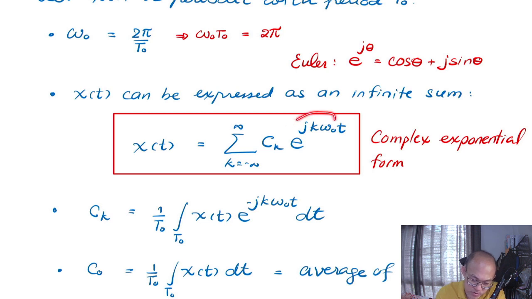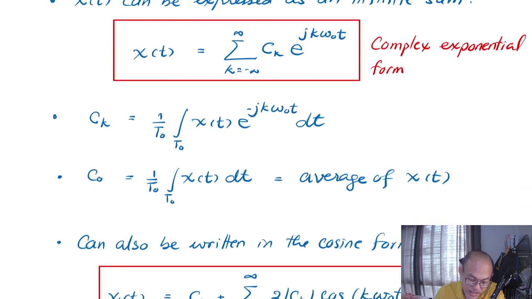So you could use Euler's identity to convert this into trigonometric sums, where theta here is k omega 0 t. Now ck is a complex number. It is a constant depending on the index k, but ck doesn't depend on t. It depends only on the index k.